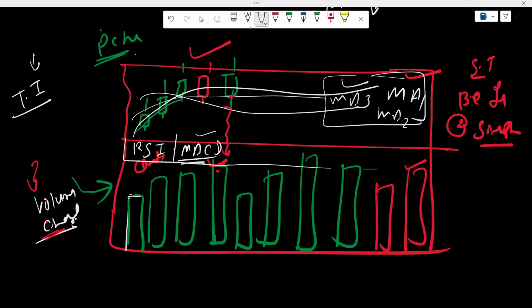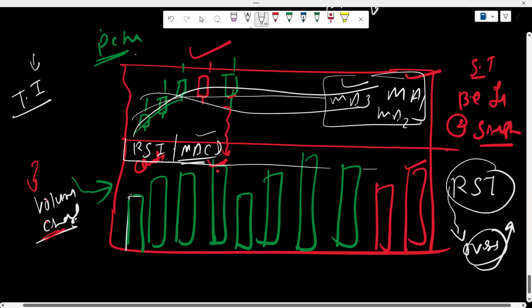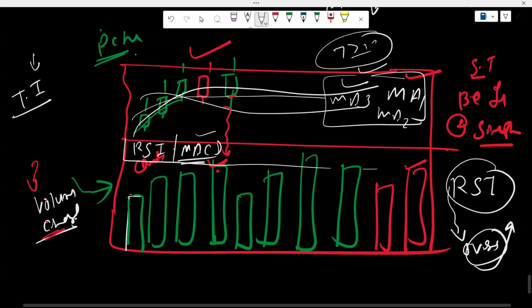But if RSI is saying that your Nifty is in the oversold zone and now coming out of it, and your moving average is also saying that your 7 and 13 lines are crossing, and the volume is also high, then you are getting a triple confirmation.